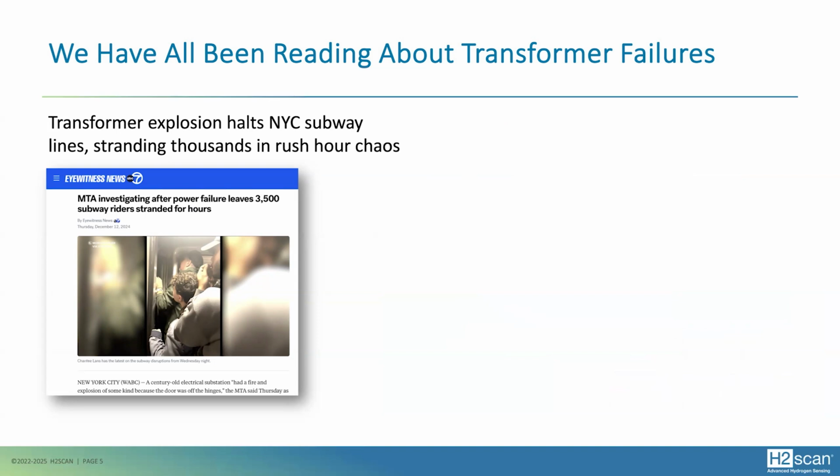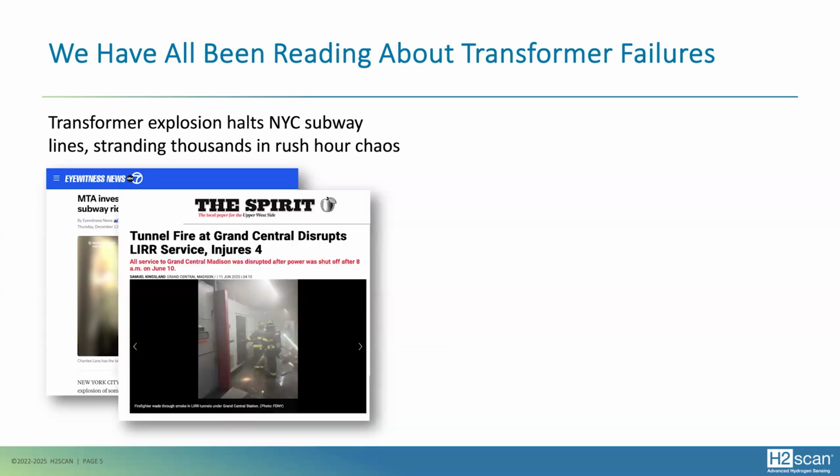Just last year we had a failure in the New York City subway where people were stranded, some in the tunnels for up to 2 hours in complete chaos. And I just have to go back as far as last month to find another one in Long Island where a transformer failure in the tunnel disrupted the service and actually injured people.